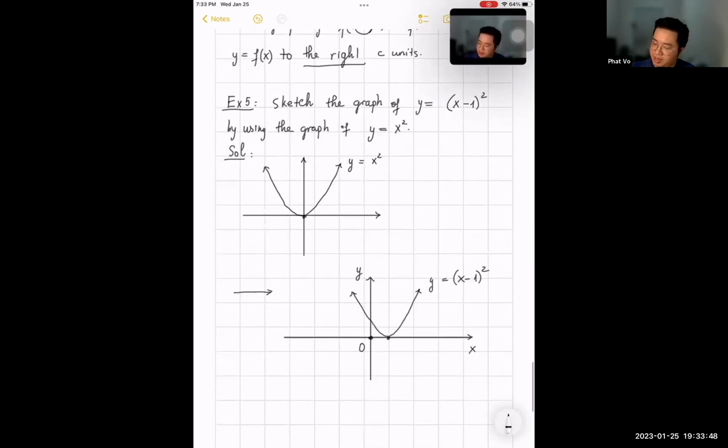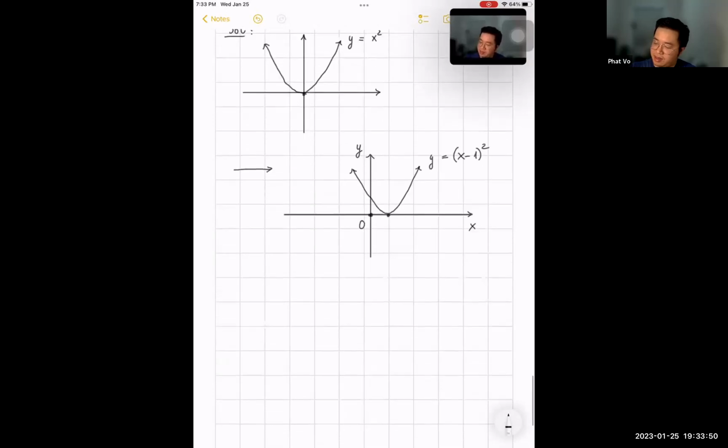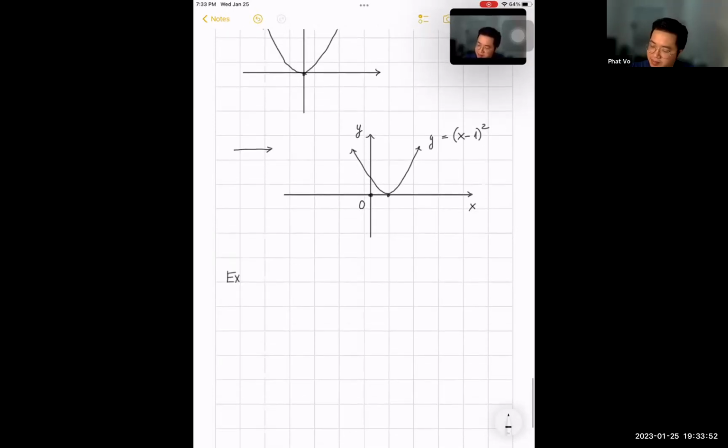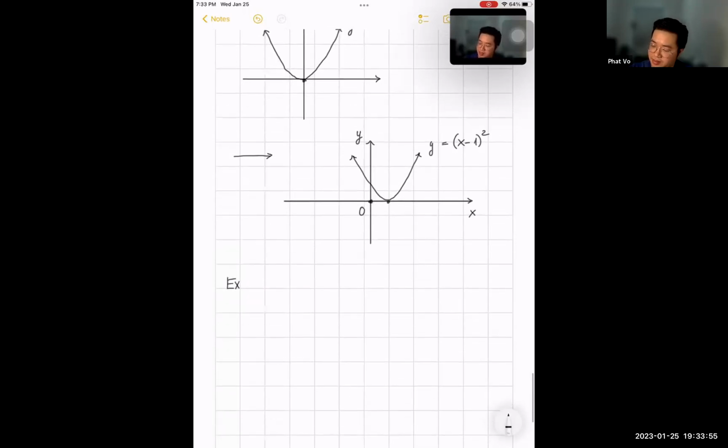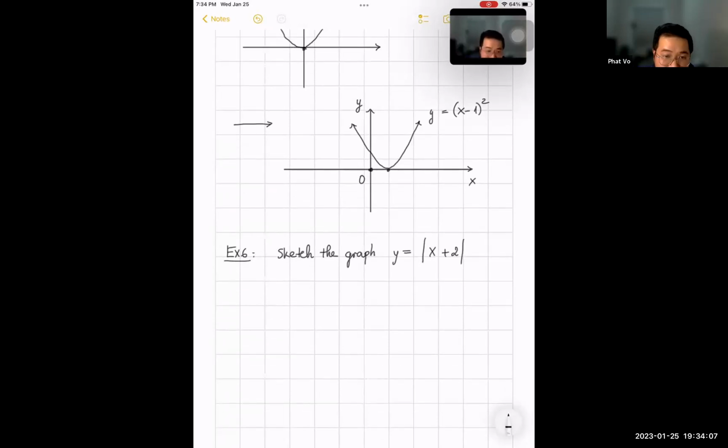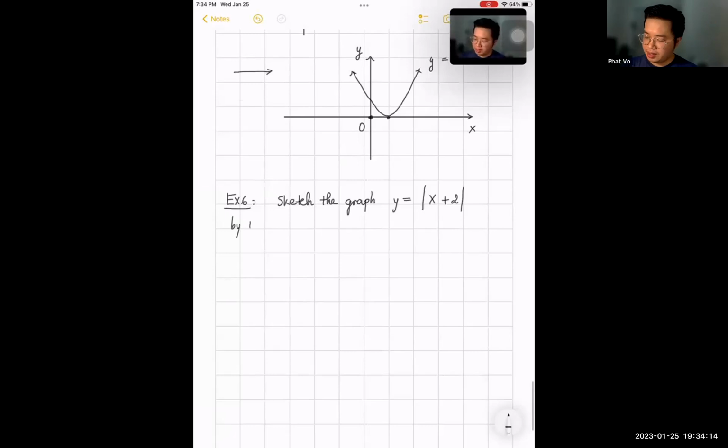Perfect. So I will also give you another example. Example 6. Sketch the graph of the function y equal to absolute value of x plus 2, by using the graph of the function absolute value of x.